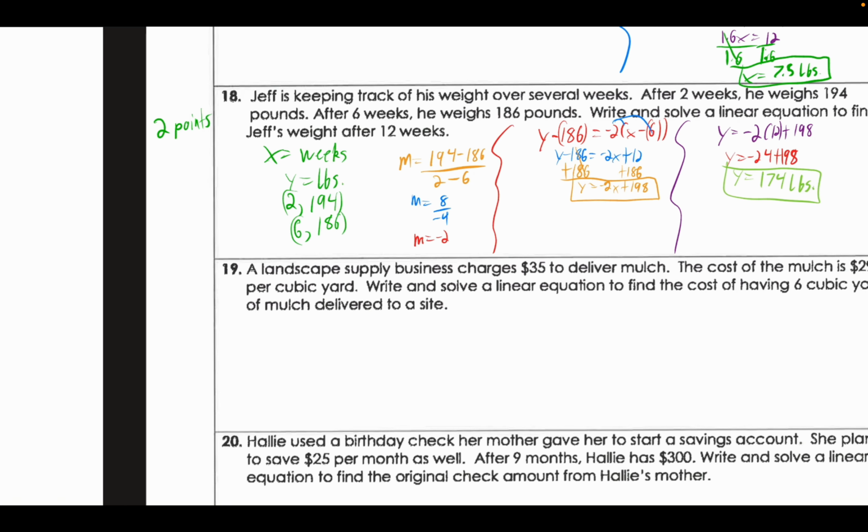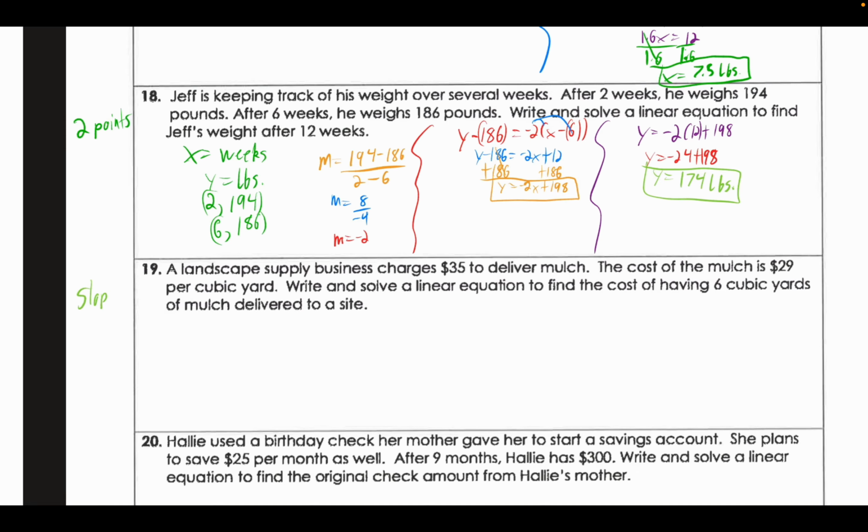So this is going to be slope intercept, which is again y equals mx plus b. So here, the m is $29 per cubic yard, and the b is the $35 delivery fee. And so we plug this in, and I get y equals 29 times x plus 35.